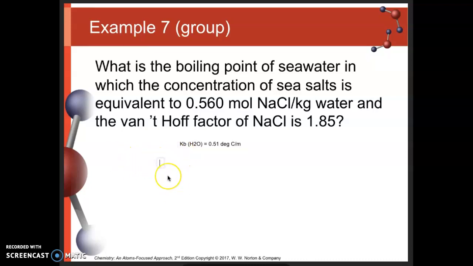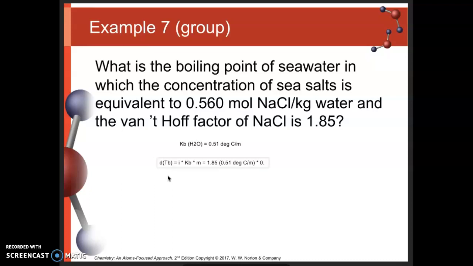And if we see our equation, delta Tb is equal to I times Kb times m. Well, our I has been given to us, 1.85. Our Kb is 0.51 degrees Celsius per molal. And we are given a concentration, 0.560 moles of sodium chloride per kilogram of water. That's a molality.